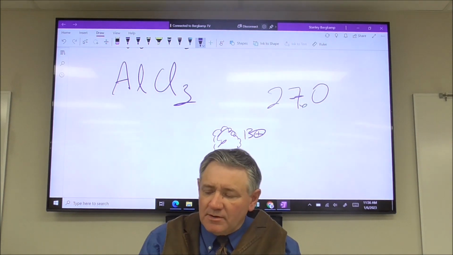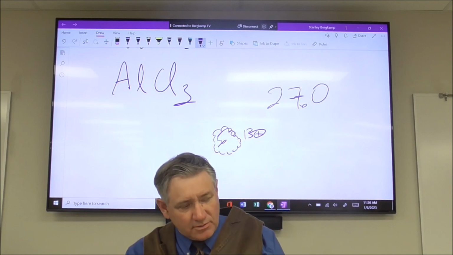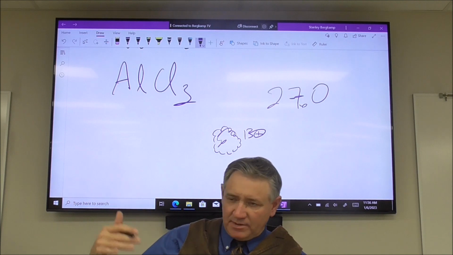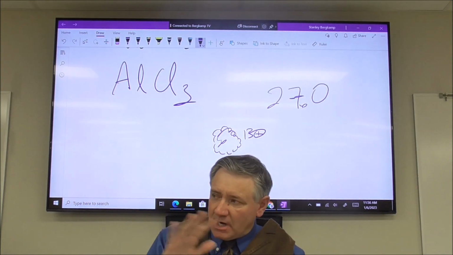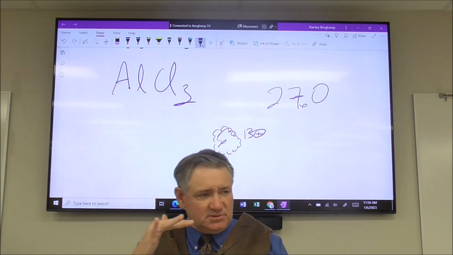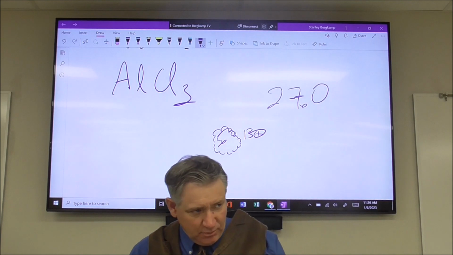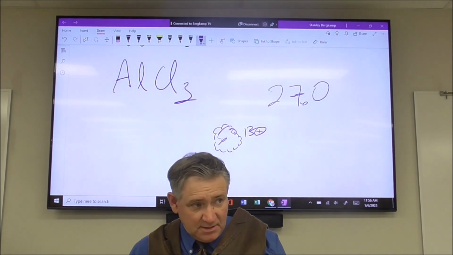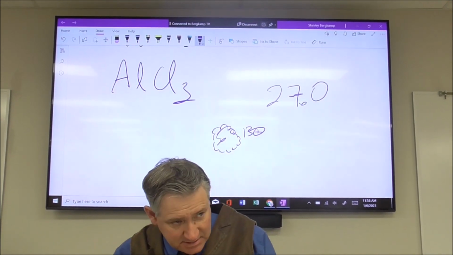So let's talk about this whole concept of relative atomic mass from a historical perspective. When you look at how Mendeleev first laid out the periodic table, which is in the 1800s, they had no concept of electrons, protons, neutrons. Even if you look at a chemistry book from 100 years ago, and try to find the words electrons, protons, and neutrons in the index, they did not exist, okay?